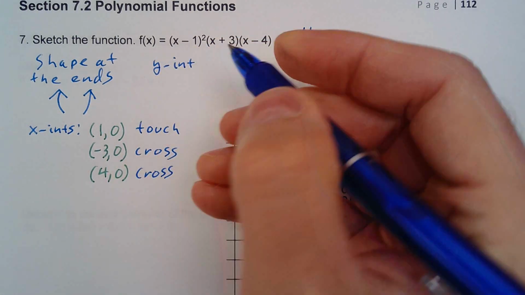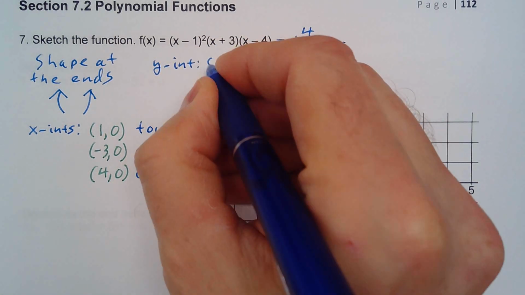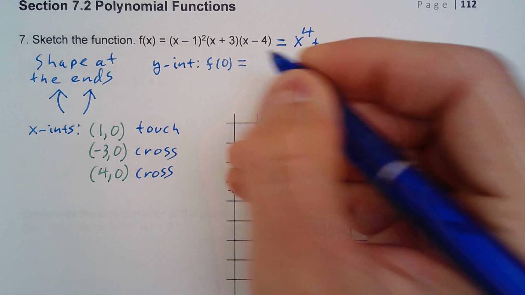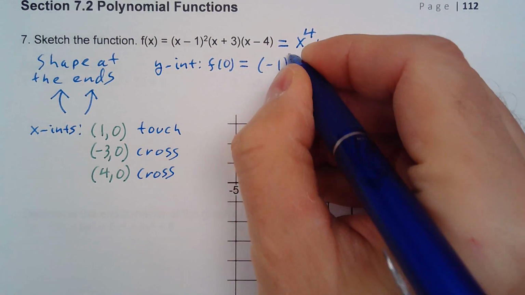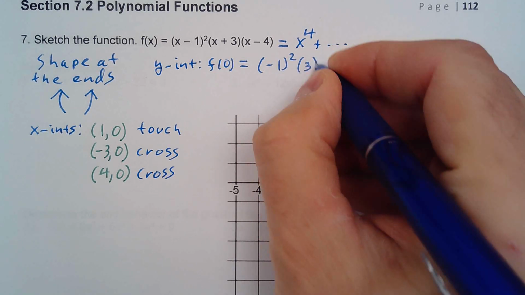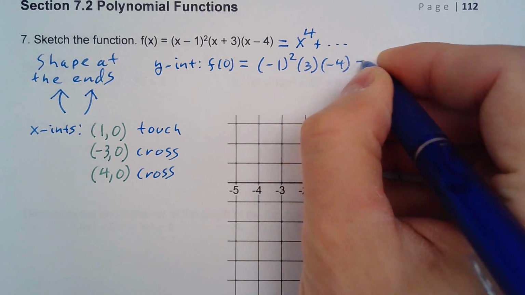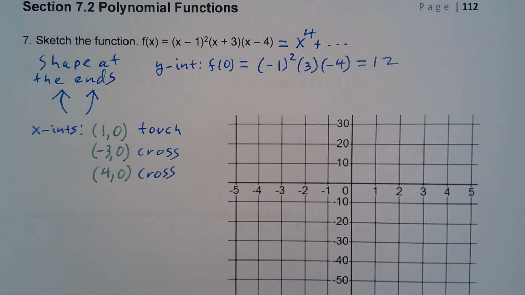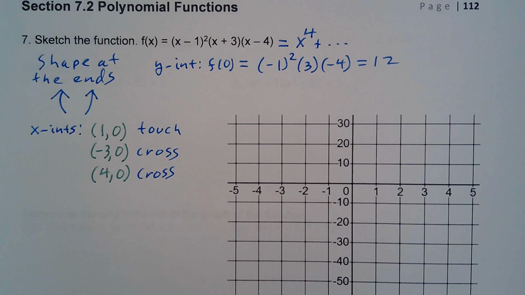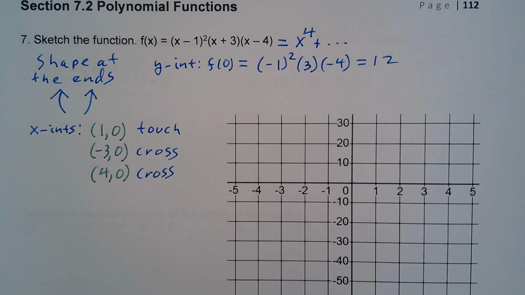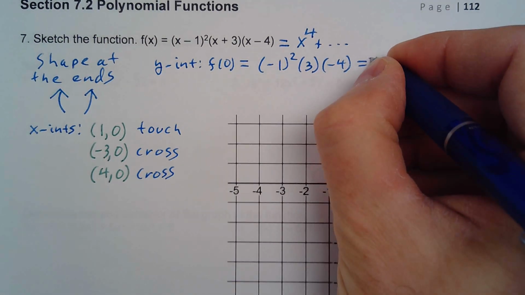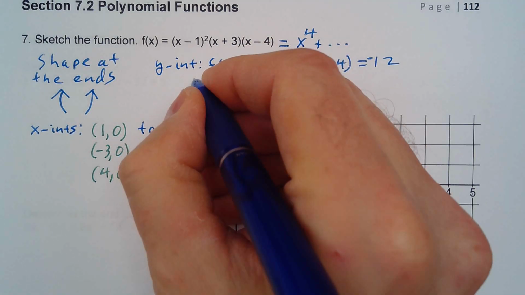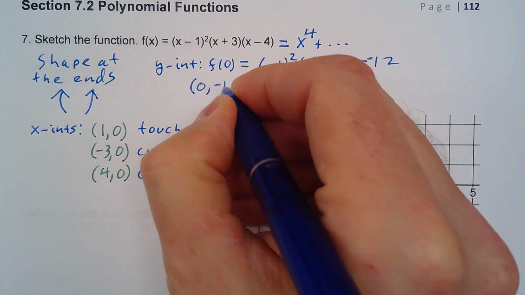Well, plug in 0. So that's negative 1 squared times 3 times a negative 4. That would be 12. And so I'd be a negative 12, excuse me on that. So my y-intercept is 0 comma negative 12.